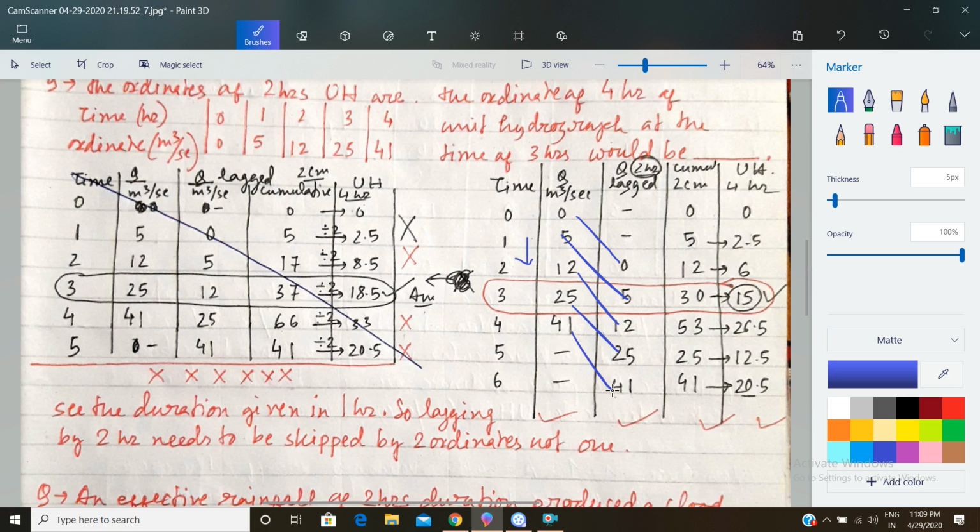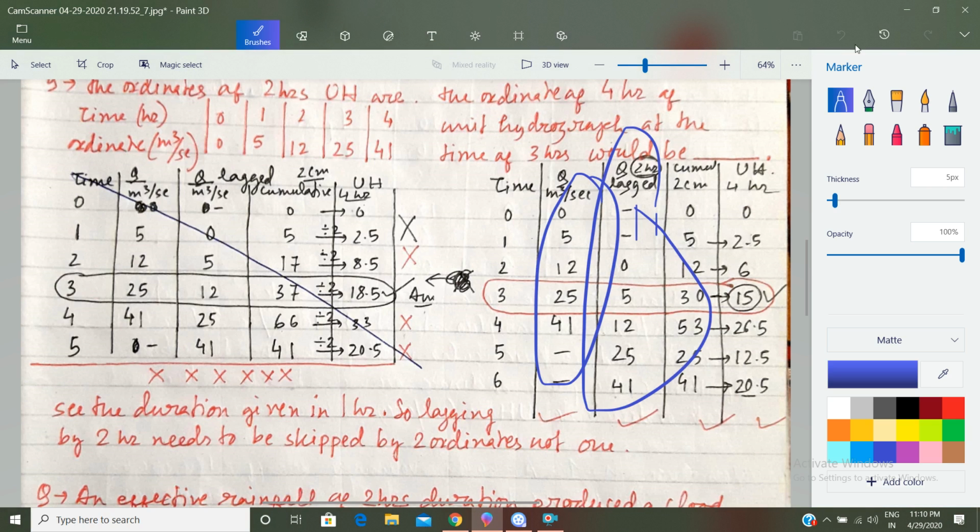Okay, and we have lagged it 2 times, because what? Because the duration of rainfall needed is 4 hour, and after the 2 hour duration the precipitation started again. So we need the first 2 hour duration to be stopped.